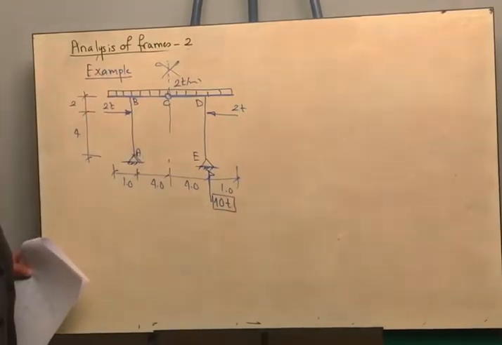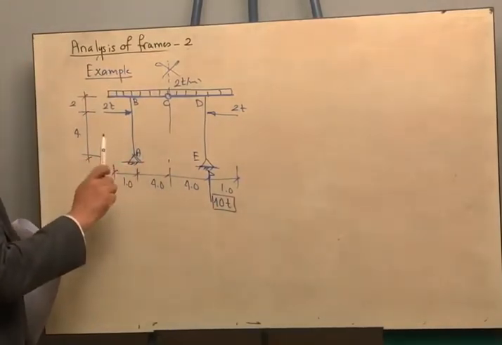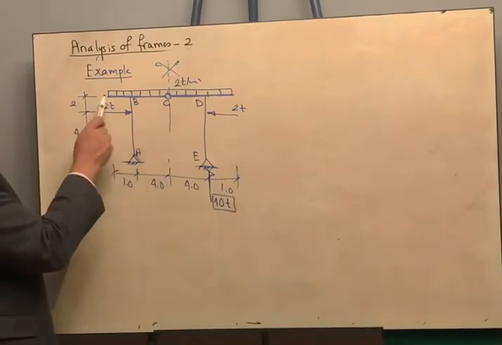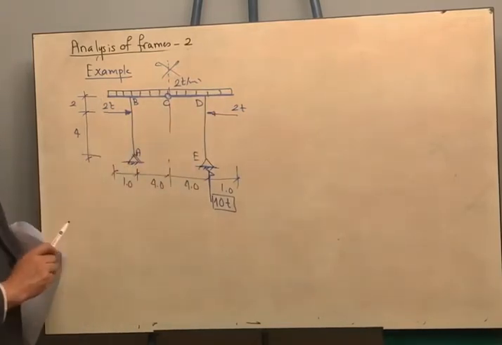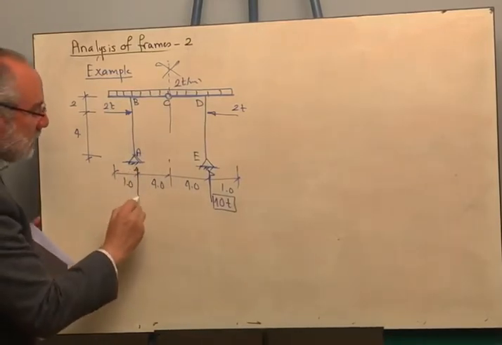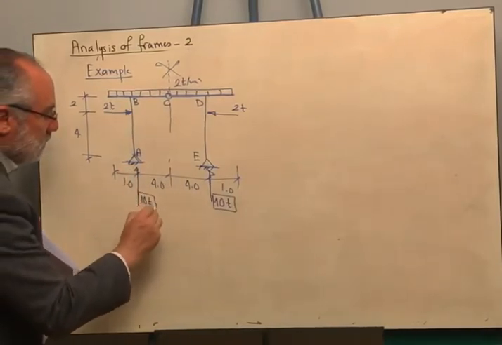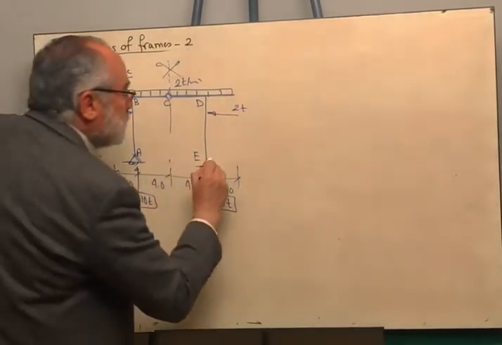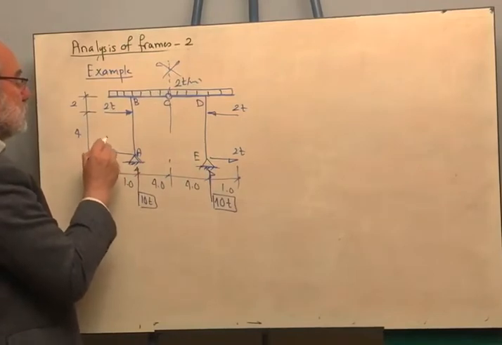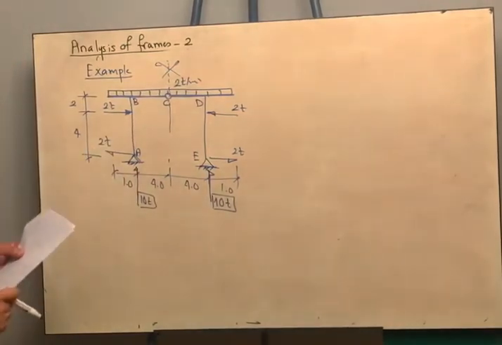Of course, it goes without saying, because the problem is symmetric, the reactions are also symmetric. So this means that the total sum of loads is 2 multiplied by 10, which is 20. This reaction is 10, and this reaction is 10 as well. And of course, here we should have this reaction is 2, and this reaction is 2, from sigma Fx equal to 0.